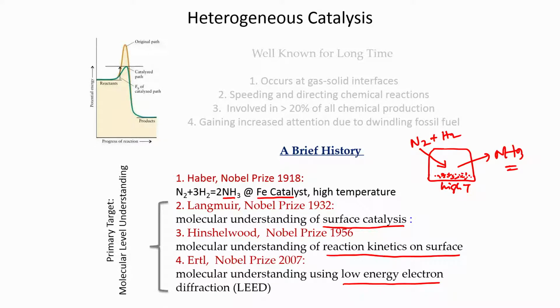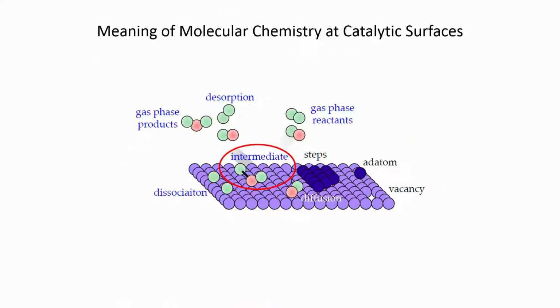So with this very rich history, the first question that comes to our mind is, this is already a 100-year-old subject, so what have we understood from all the contributions of the last century? The understanding we have is that at the surface we may have different structures: I can have vacancies, adatoms, and steps.